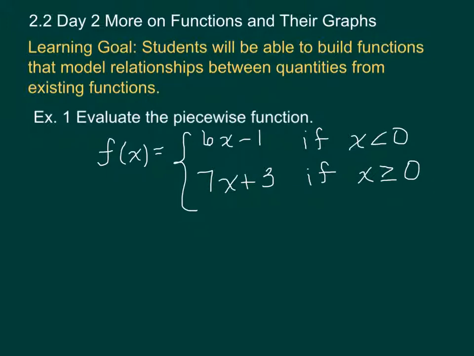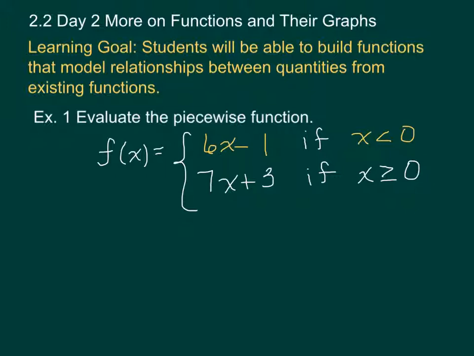If the number is smaller than 0, then you plug it into the first equation. Let me color code this. And the second equation is only for those x values that are greater than or equal to 0.